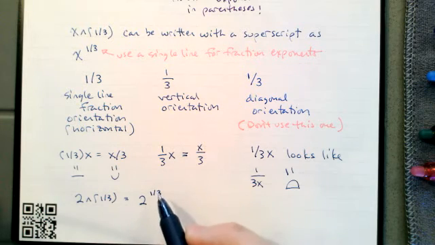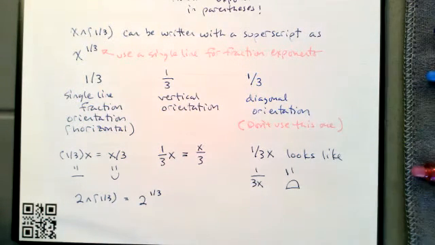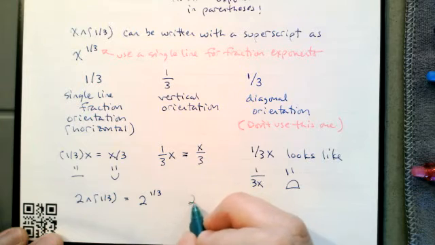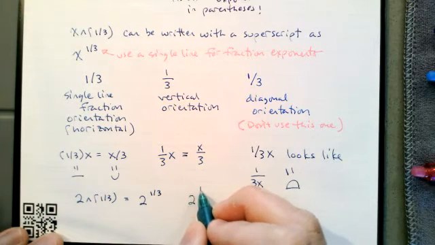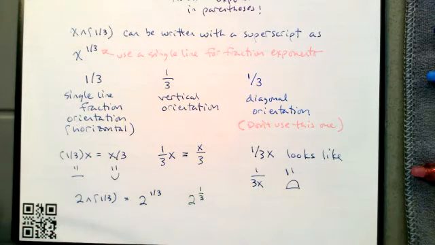But if we try to write fraction exponents in a vertical orientation, it takes up a lot of space. It's clear until we start getting sloppy with the 1/3, and it'll look too much like 2 and 1/3.